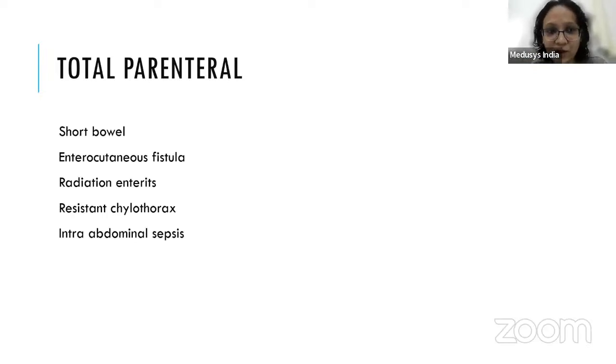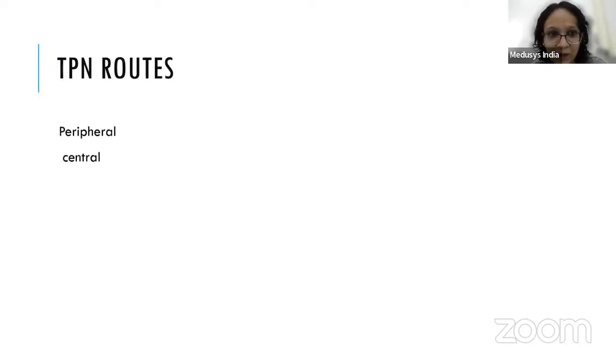Actually, there are quite severe indications like short bowel syndrome, enterocutaneous fistulas, acute radiation enteritis, resistant chylothorax. Then if there is intra-abdominal sepsis and many more indications. So there are absolute indications where TPN is considered.